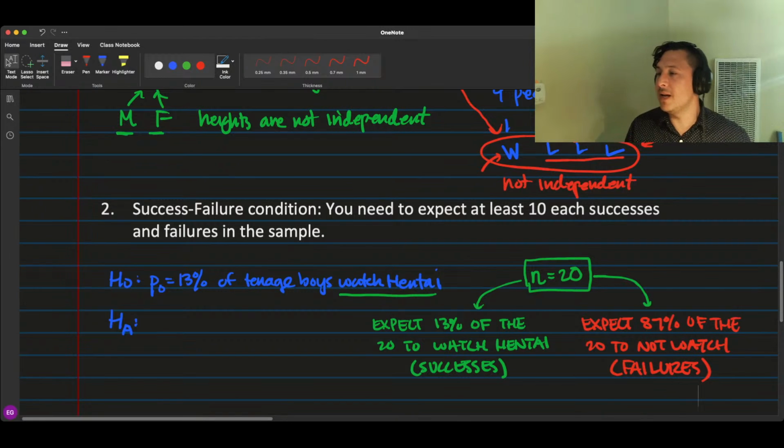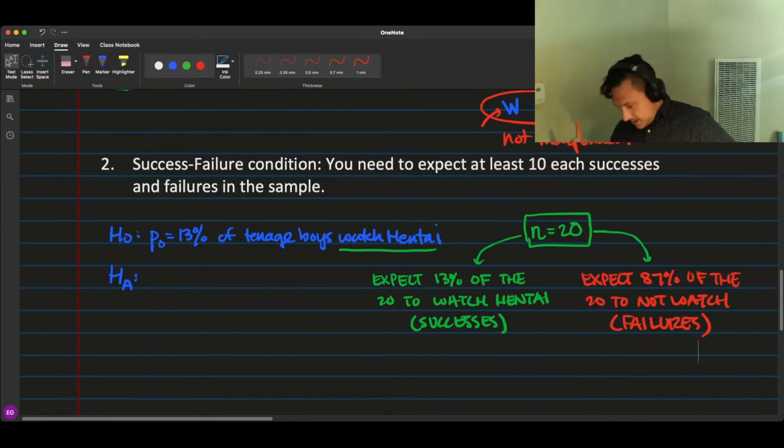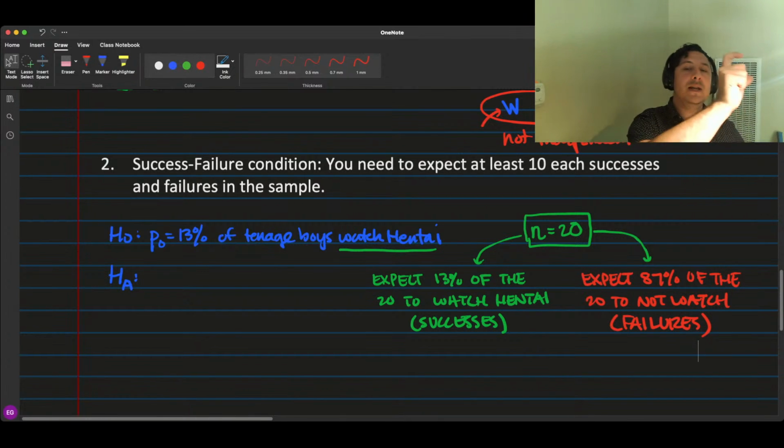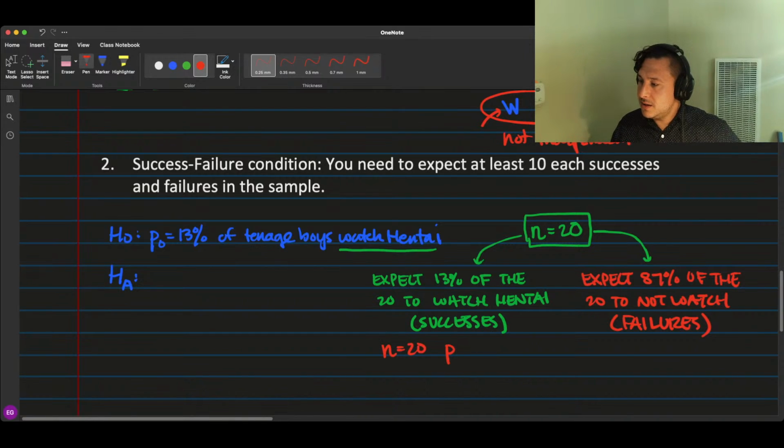But what I'm pointing out here is what we mean by success and failure. Successes means you meet the criteria, failures mean you don't meet the criteria. So what is 13% of 20? Remember, n equals 20, p equals 13%.